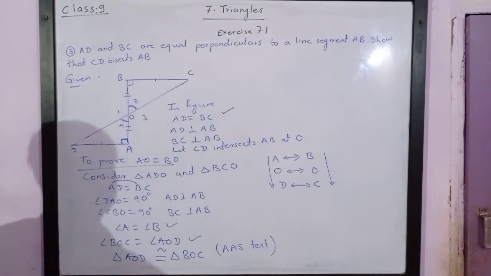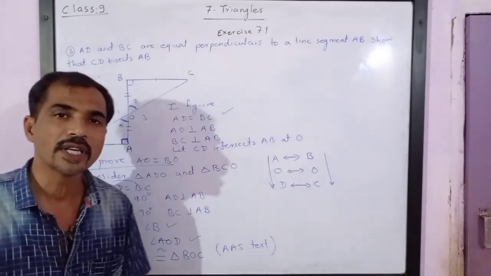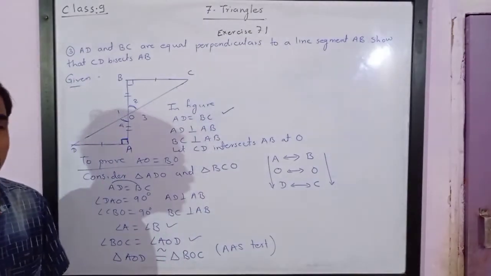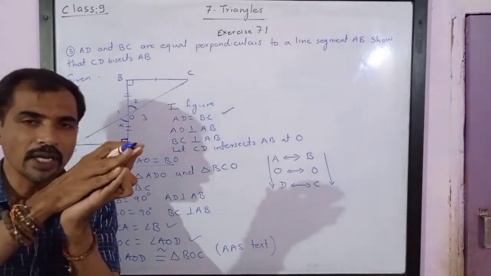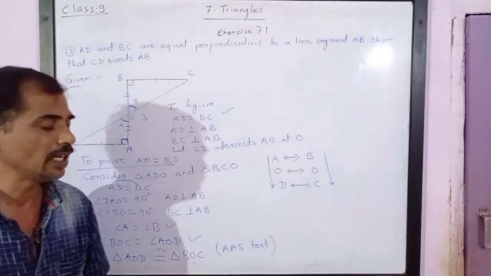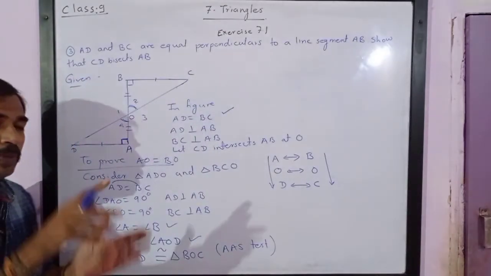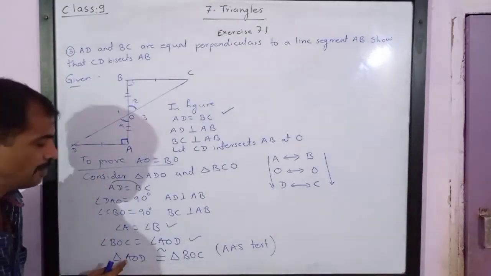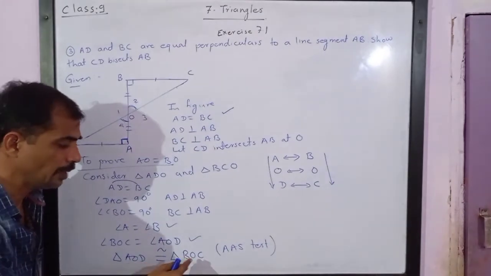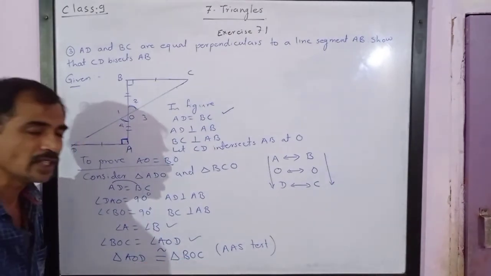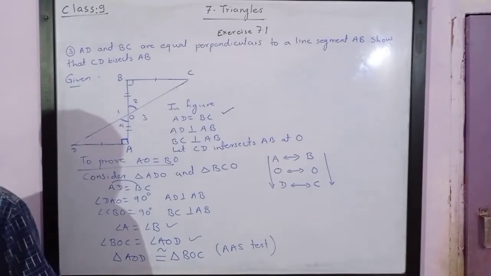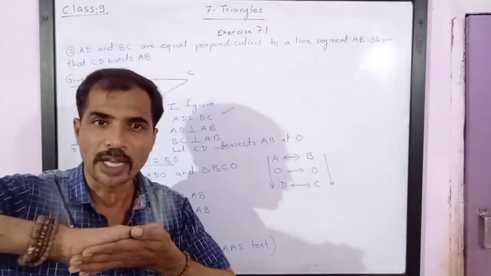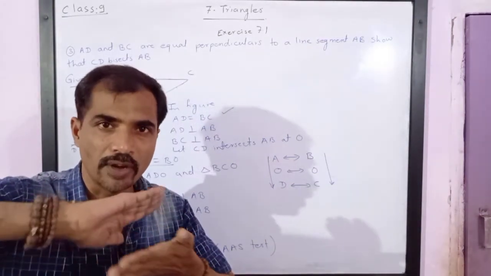Now we have got two triangles congruent. Please note, if two triangles are congruent, their corresponding parts are also congruent. That is, if you keep one above the other, they will exactly coincide. For that, A must be kept on B, O on O, and D on C. Then only they will match. If you keep them otherwise, they will not match. Are you able to understand?